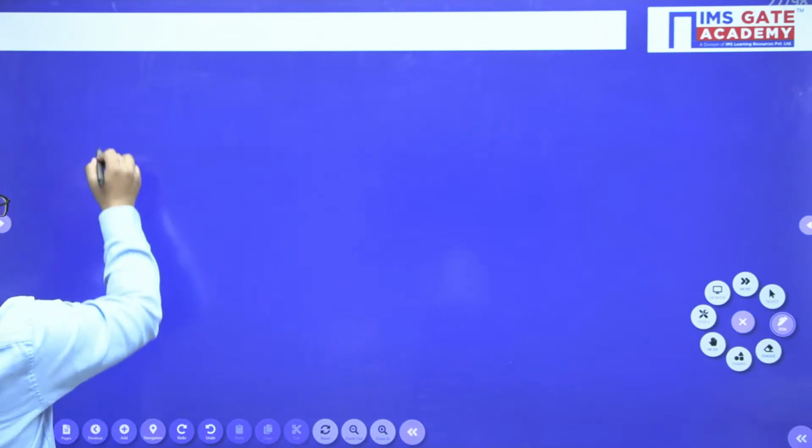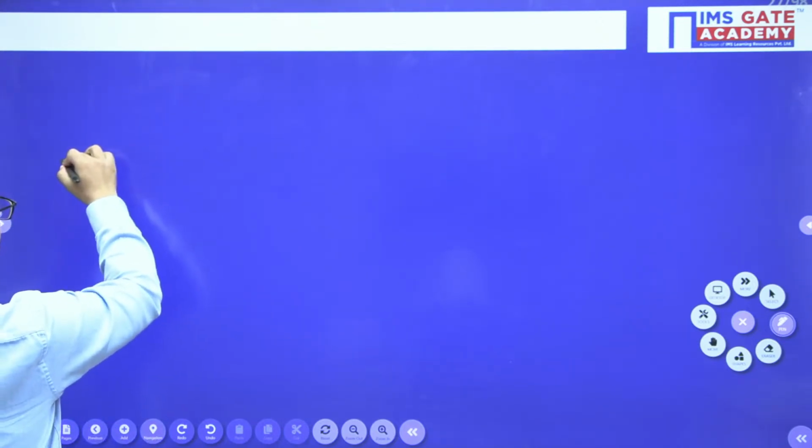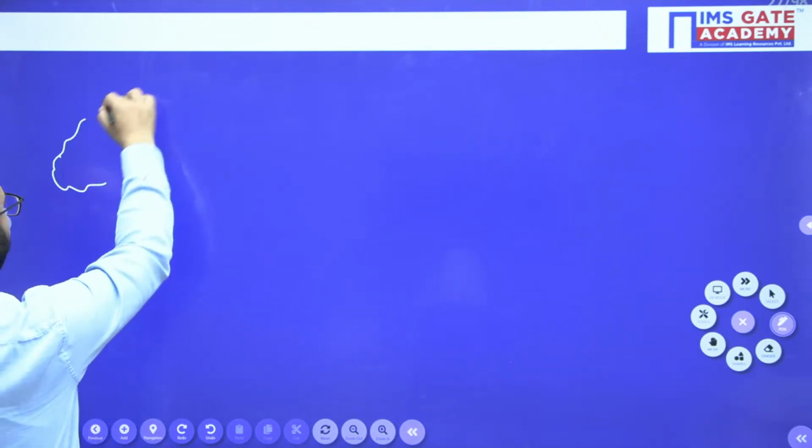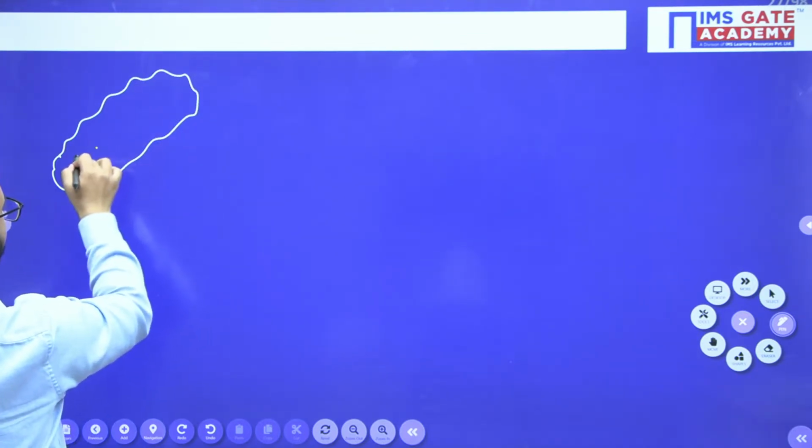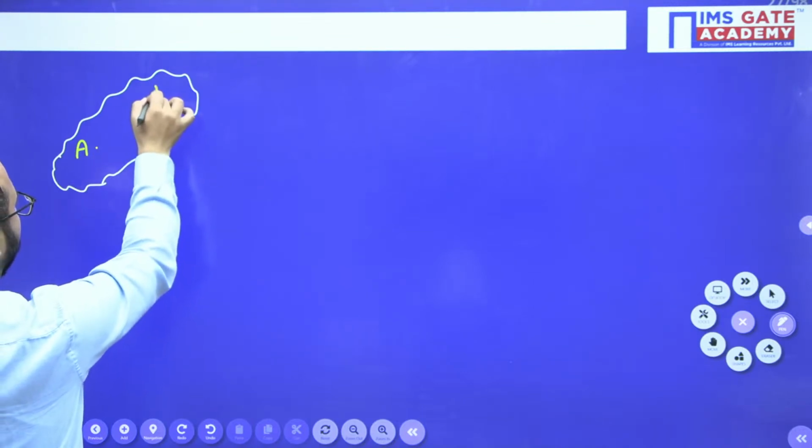Now I will quickly tell you some important points here. How will you calculate? First of all, what should you remember here? Let's suppose this is a body here. Point A is there, point B is there.